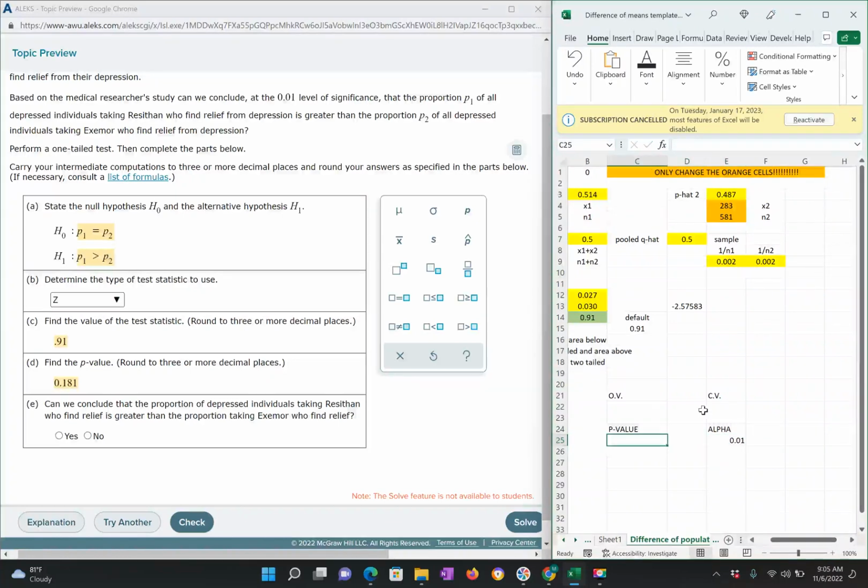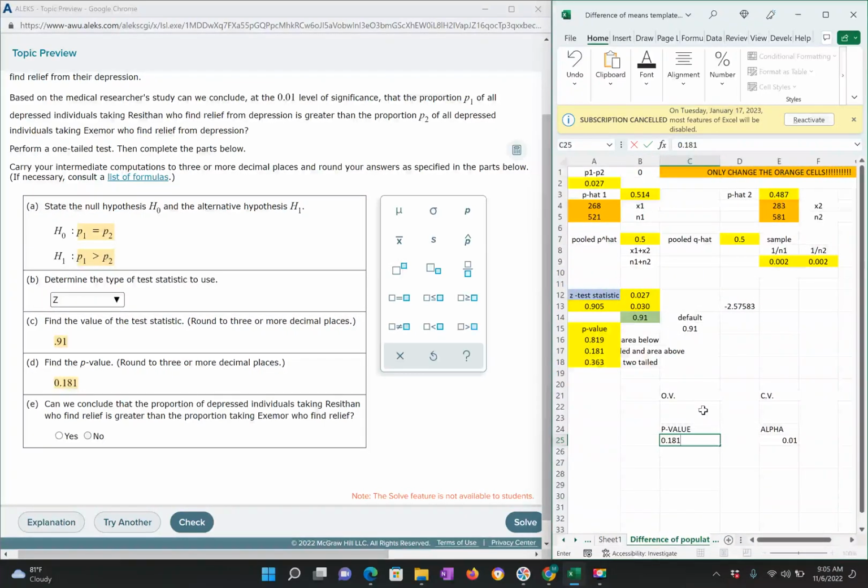The P value that I'm obtaining here for greater than is 0.181. This is the area above because it's greater than, right? So if P is less than alpha, we're going to reject the null. P is not less than alpha. It's actually greater than alpha. We're going to fail to reject the null. So if I fail to reject the null, then no.